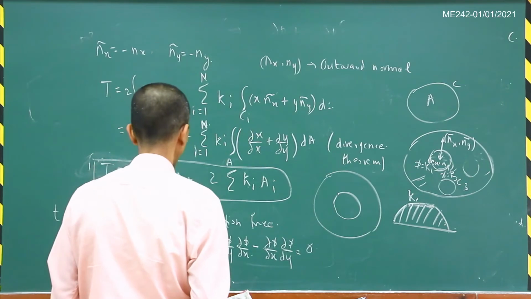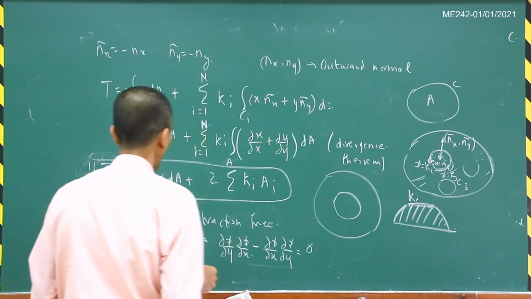So the surfaces phi equal to constant are traction free.